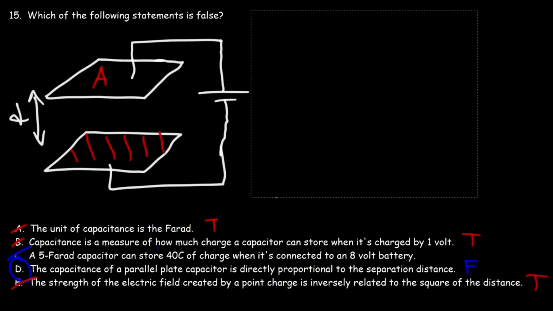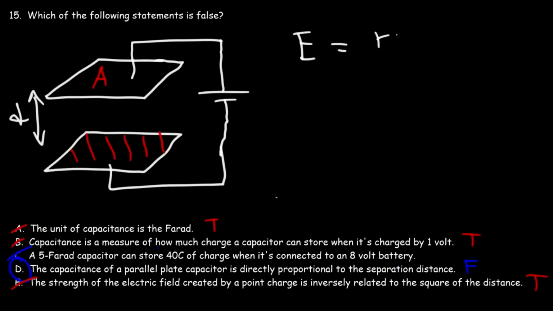The strength of the electric field created by a point charge is inversely related to the square of the distance. So we have this formula, E is equal to KQ over R squared. Notice that R squared is on the bottom, so it's inversely related. And it's squared, so it's inversely related to the square of the distance.